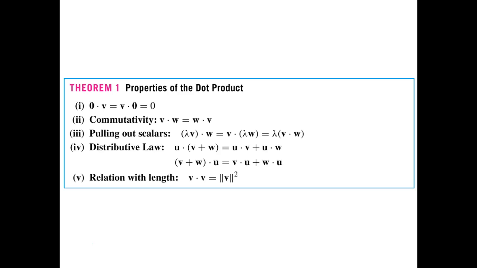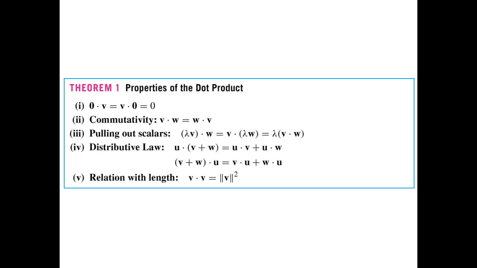And that's because, say, vector V has components V1, V2, V3, but the zero vector would be 0, 0, 0. And when you multiply 0 times V1 plus 0 times V2 plus 0 times V3, or V1 times 0 plus V2 times 0, they all add to 0. Scalar 0.